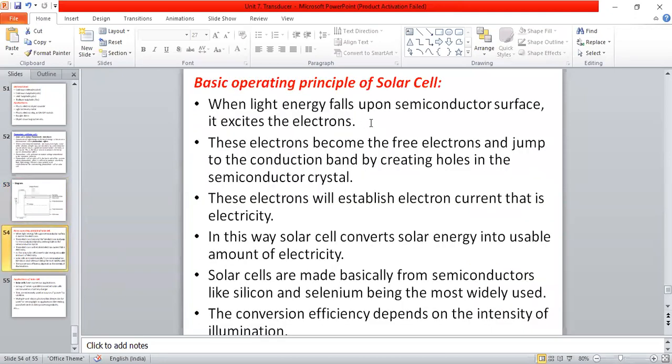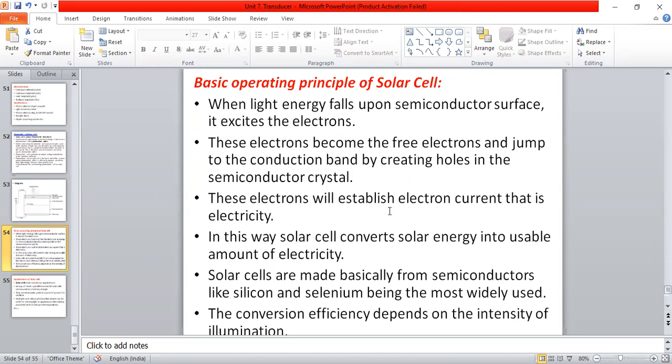When light energy falls upon the semiconductor surface, it excites the electrons. These excited electrons become free electrons and jump to the conduction band, creating holes in the semiconductor crystal.